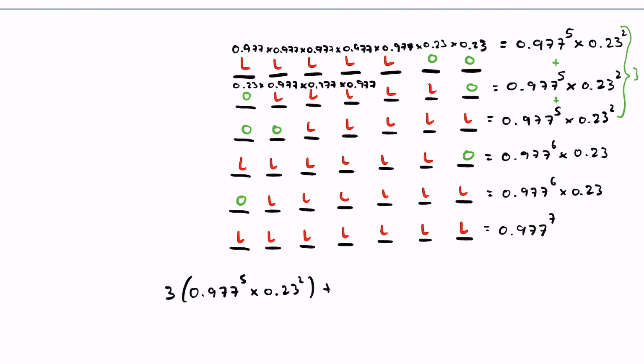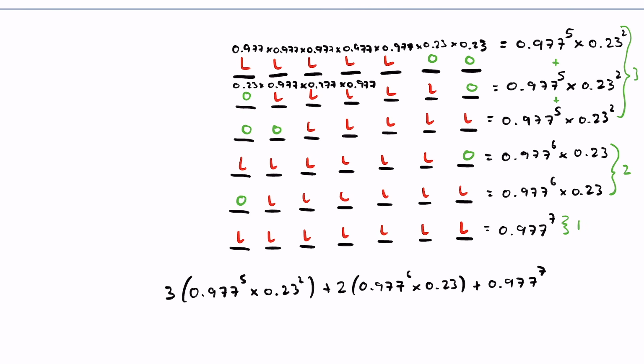And how often does that occur? Well, that occurs twice. We have 2 of those. So let's just take this, multiply it by 2, and then we've captured all of it. So plus 2 times 0.977 raised to the power of 6 times 0.23. And then lastly, we have this situation here, which only happens once. And that is 0.977 raised to the power of 7.